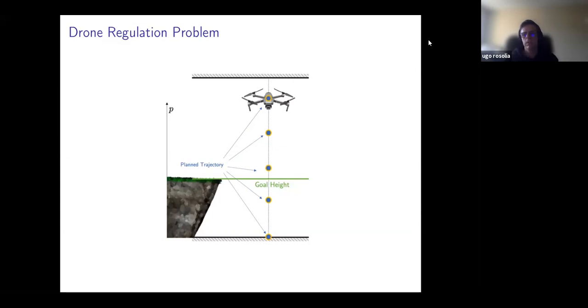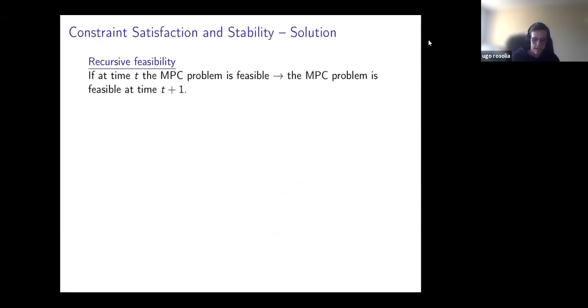This problem in the predictive control community is called recursive feasibility. Recursive feasibility is the property that states if at time t the MPC problem is feasible, then the MPC problem, our optimization problem solved with a batch approach, is going to be feasible at the next time step. This is the key property that we would like to guarantee.